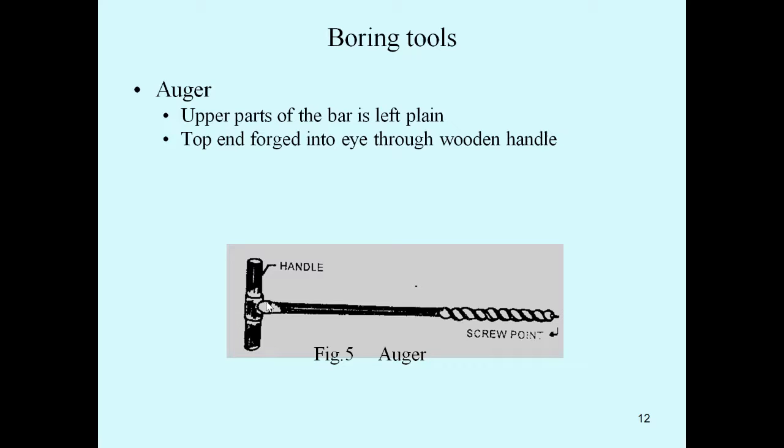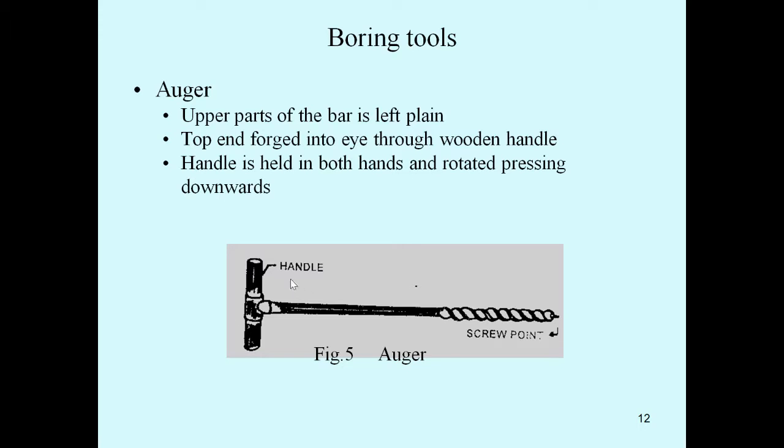The top end of the bar is forged into an eye, through which the wooden handle is inserted. This will be the wooden handle. The handle is held in both hands. I have to hold the handle with both hands and rotate the auger downwards by pressing downwards.